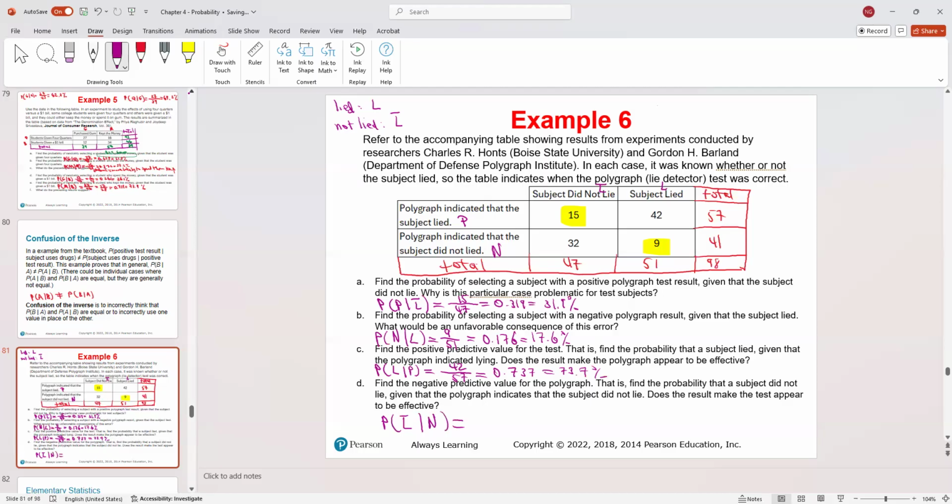So given that, what is the intersection between these two? Yes, 32. Given that the polygraph is negative, what is the total for negative polygraph? Yes, 41. Intersection over the total for what is given that. And the answer would be 0.78.